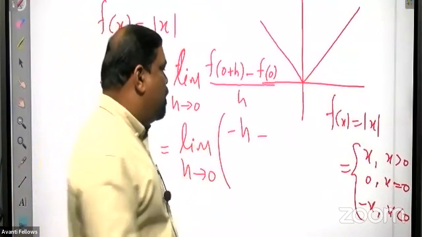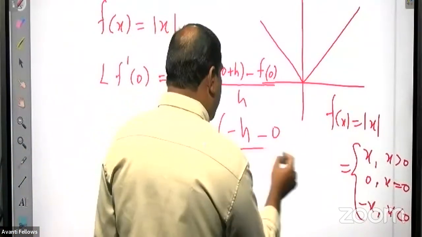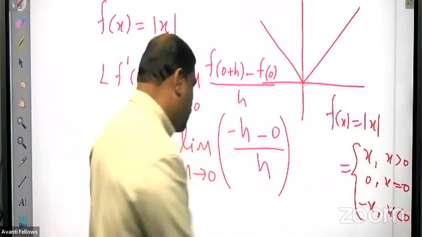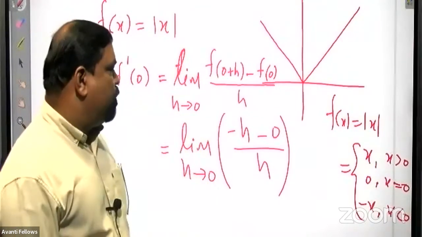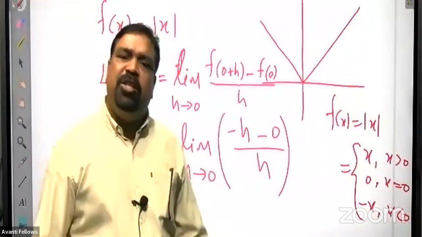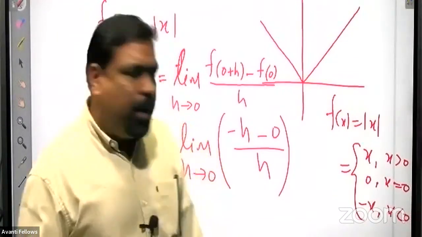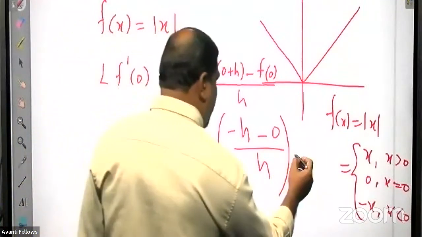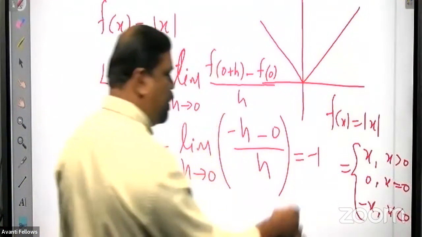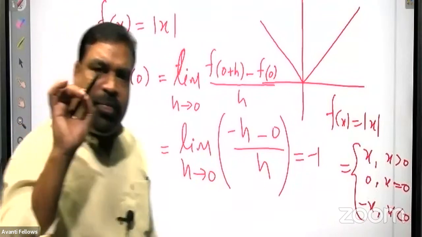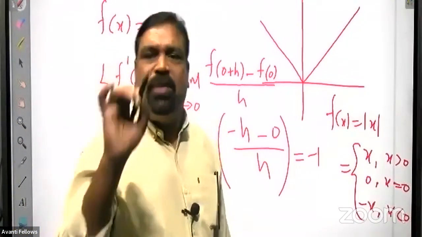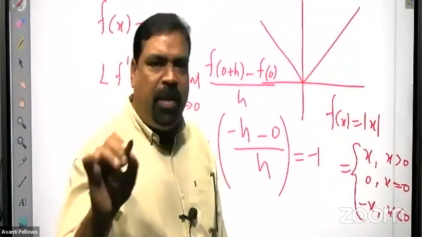So minus h, and f of 0 is 0, divided by h. So limit of minus h by h. What is minus h by h? Everybody knows the value is -1. So limit of -1 is -1. So that means the left-hand derivative at the point 0 is equal to -1.